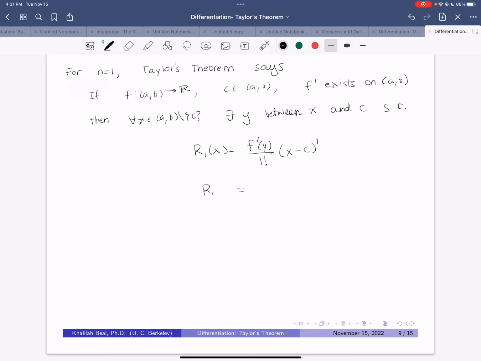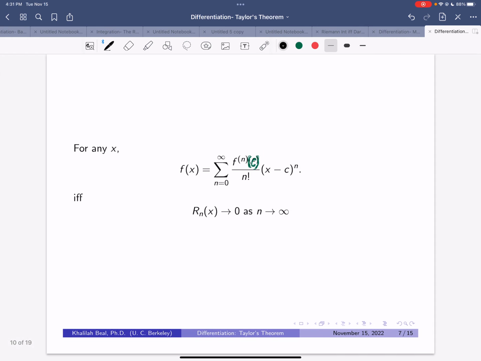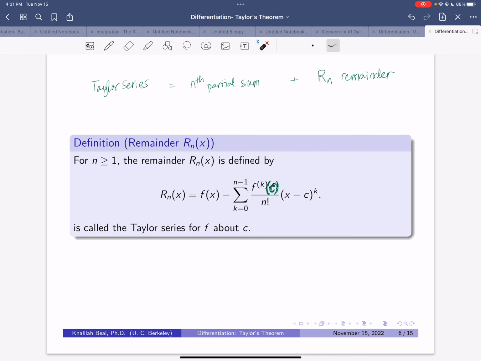Okay, so that would be saying R1 of x is going to be f prime of y times x minus c. Now, what is R1 of x? Well, go back to our definition of the remainder, right? R1 of x, if I look here, that's going to be f of x minus, now plug in n equals 1, so that'll be the sum from 0 to 0 of the kth derivative.